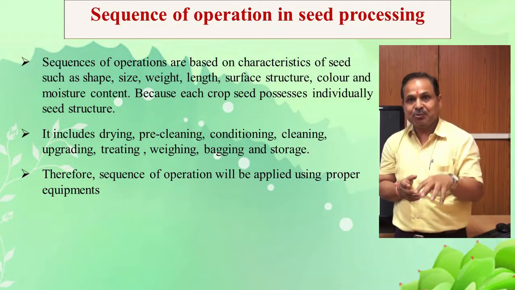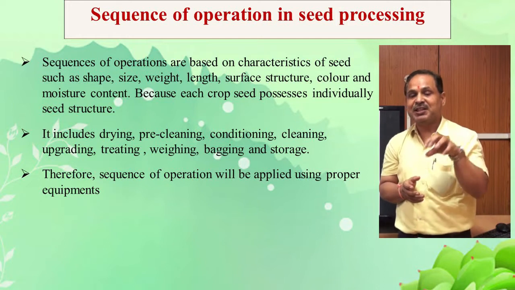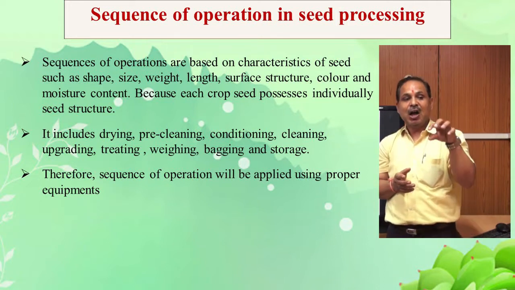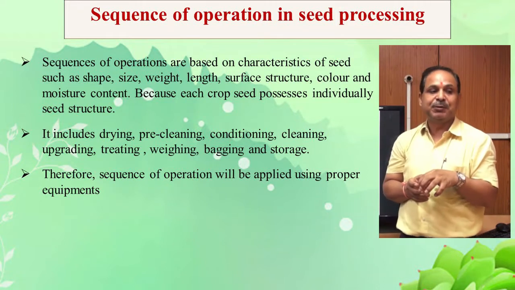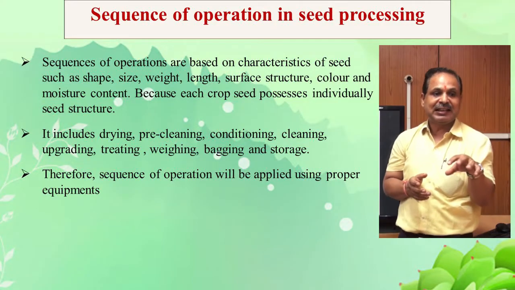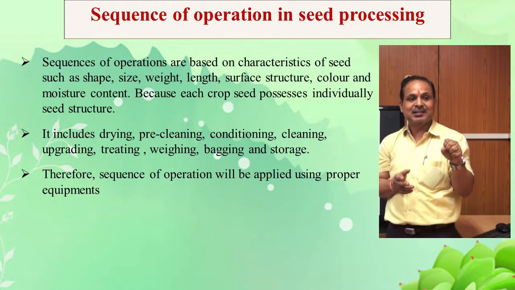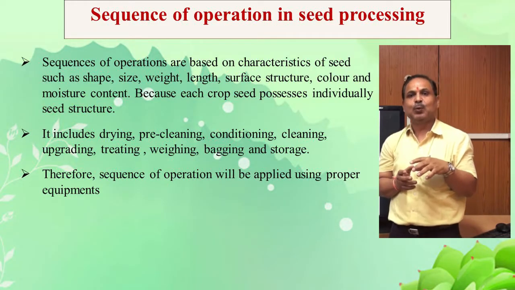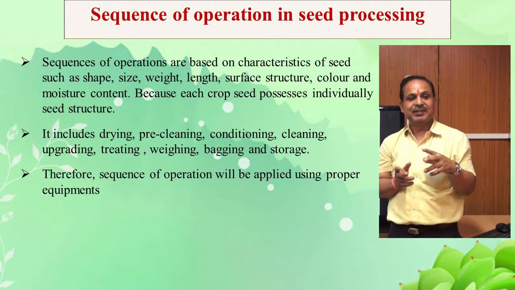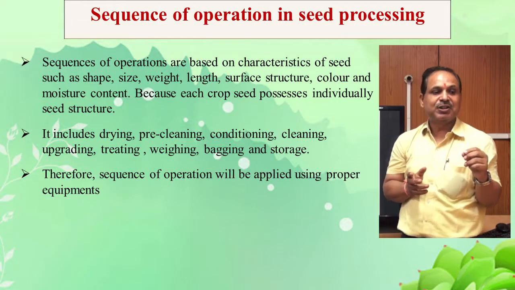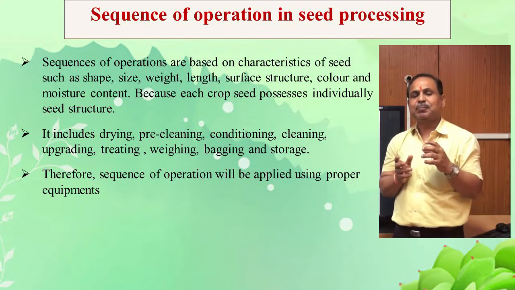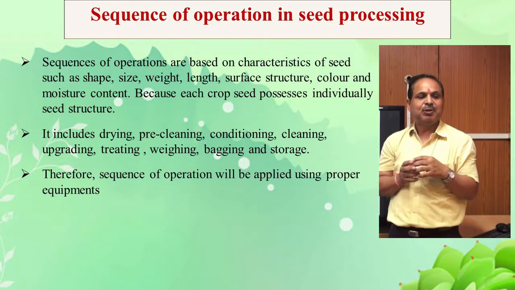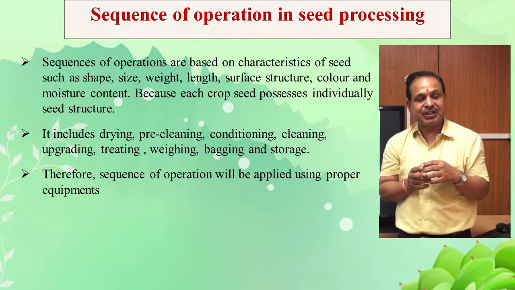So the sequence is very essential during the entire operation of seed processing. The characteristics of seeds are based on seed size, seed shape, weight, length, surface of the seeds, color and moisture content, because each crop's seeds possess an individual seed structure.